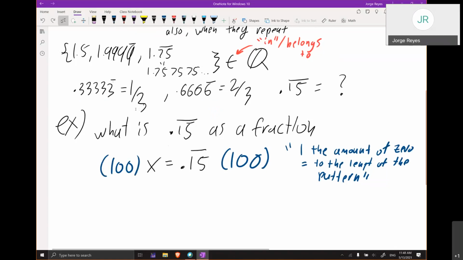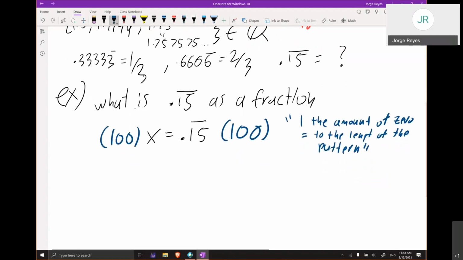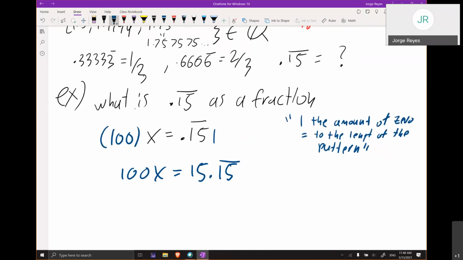So then, what happens? I have 100x equal to 15 point that, because remember, this is 1, 5, 1, 5, 1, 5 forever. If I multiply by 100, I'm really just moving the decimal point 2 spaces.